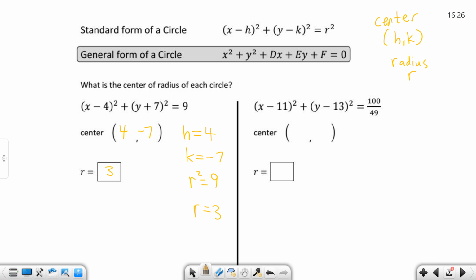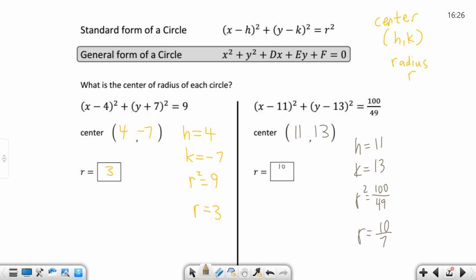Well, if I look at the next one, what is h? We're still going to identify h, k. It's 11. What's k? What's r squared? 100 over 49. If it's one term over one term, how do you take the square root of that and get r? You just take the square root of the top, which is what? Over 7. So then what is the center of my circle? 11, 13.